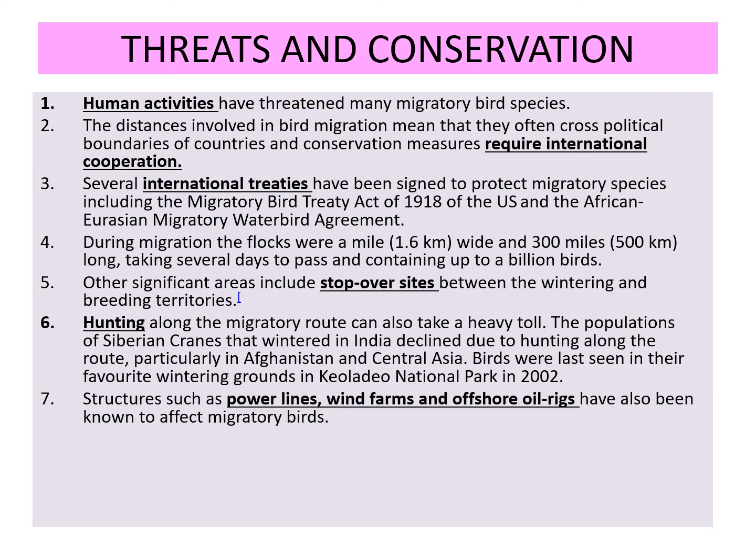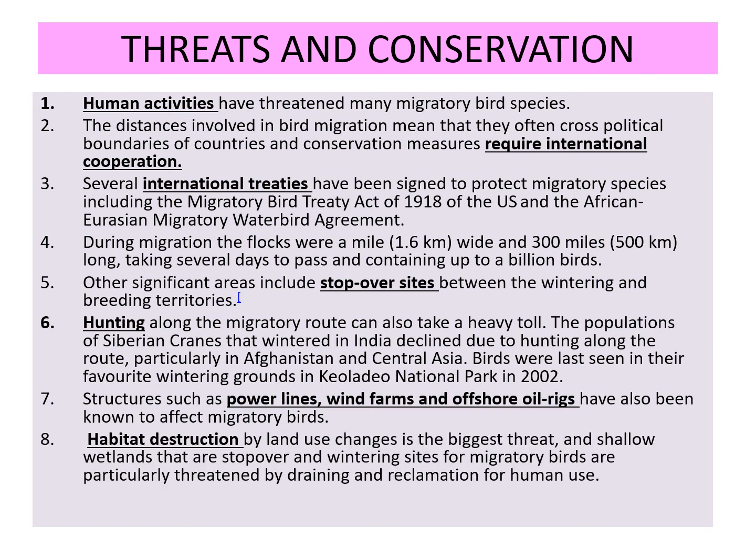Structures such as power lines, wind farms and offshore oil rigs have also been known to affect migratory birds. Habitat destruction by land use changes is the biggest threat, and shallow wetlands that are stopover and wintering sites for migratory birds are particularly threatened by draining and reclamation for human use.